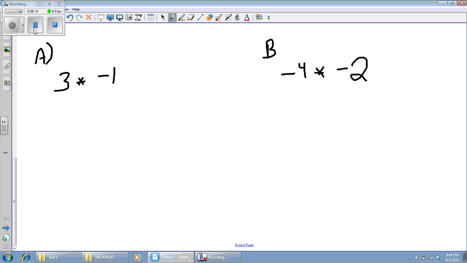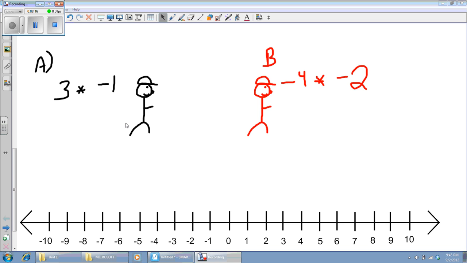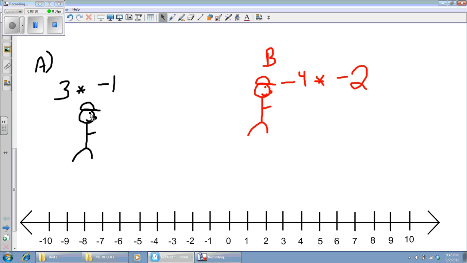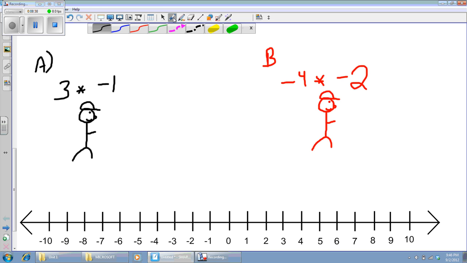If you want, on paper, you can draw the number line, put down the 2 problems, put your Bobbies in. You can call them anything you want, of course. School appropriate, that is. And see if you can come up with the right answer for 3 times -1. I'm going to use my black Bobby to do it. And then -4 times -2, my red Bobby. Go ahead and pause the video and see if you can do those 2 problems. And we'll get some practice with this in class tomorrow.